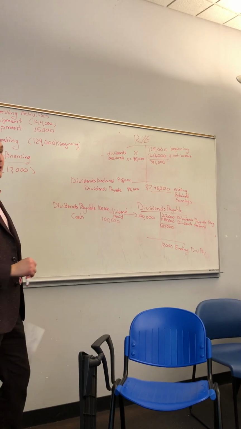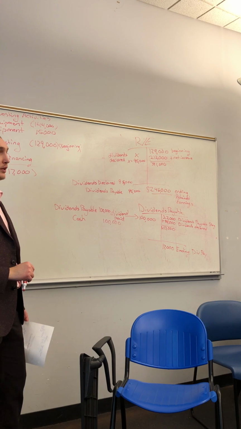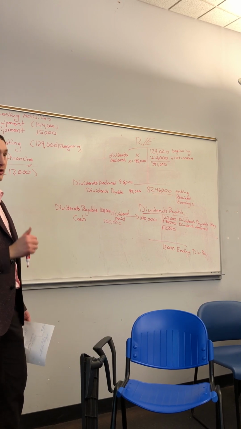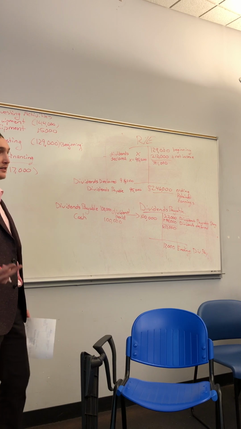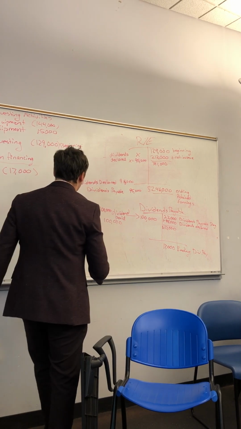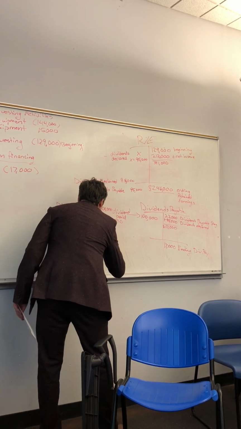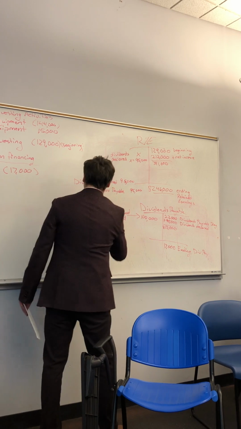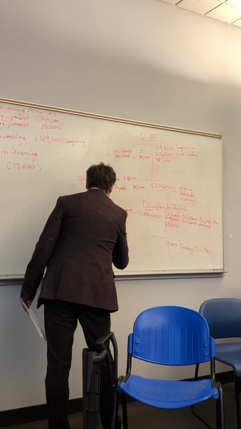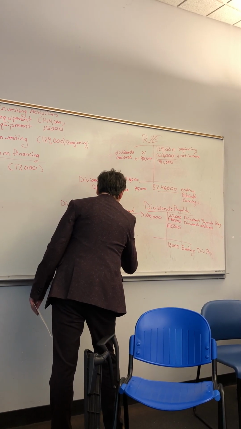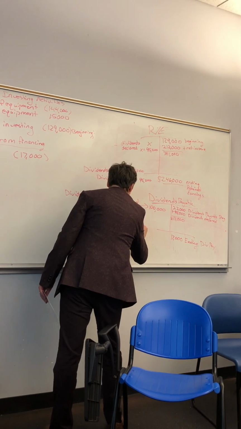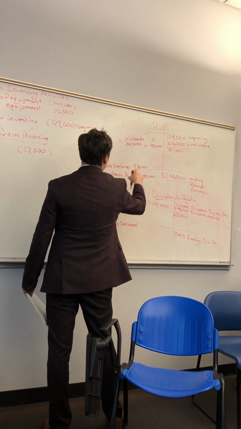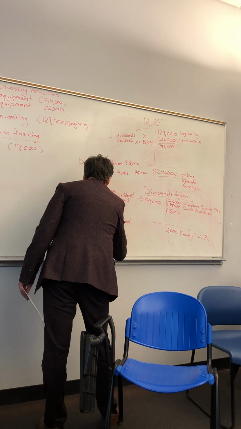Does anyone remember our temporary accounts? This is just one other step. We close out our revenue, our expenses, and our dividends at the end of the year. So if we also have this account, dividends declared, we declared dividends of 95,000.